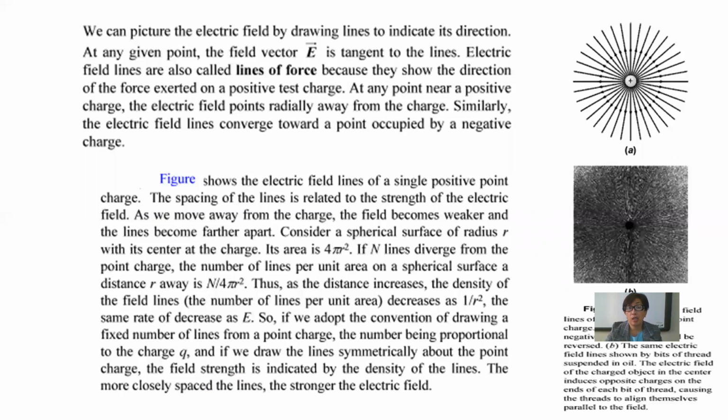And in figure A, we can picture the electrical field by drawing lines that indicate its direction. At any given point, the electrical field is tangent to the line. Electrical field lines are called lines of force because they show the direction of the force exerted on a positive test charge.